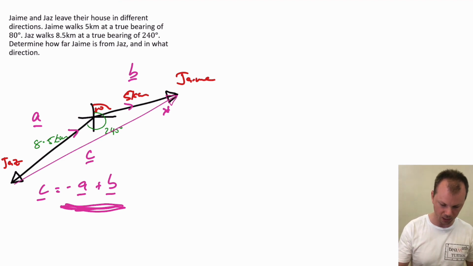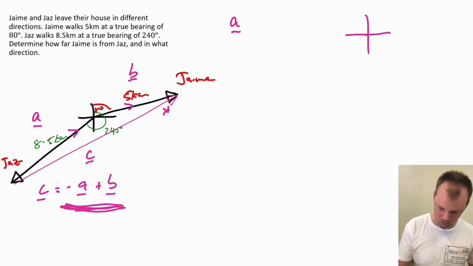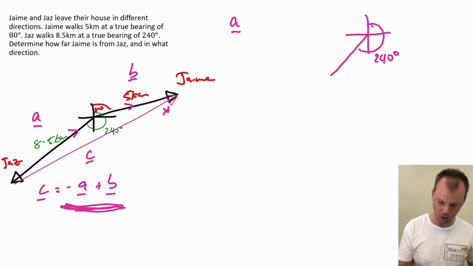So if we have a look at vector A and we want to write this in component form, let's draw this axis up here again. We've got a vector coming out here. This is 240 degrees. We want to know what it is from the positive x direction. So we work out this theta in here.